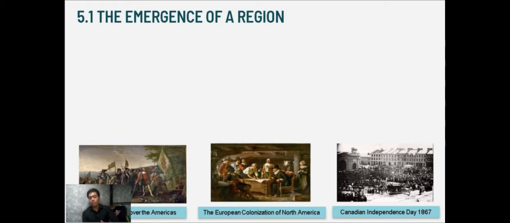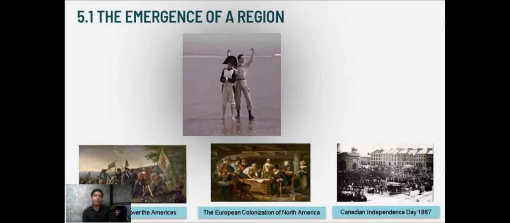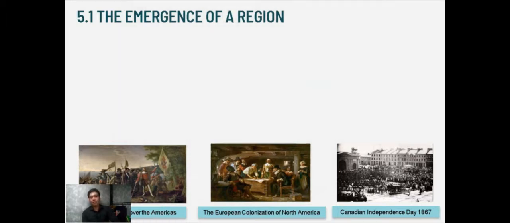Firstly, I will talk about the emergence of a region, on how North America came to exist. North America and its indigenous population were largely unknown to the rest of the world until Columbus' expedition, which he credited with discovering America. The landmass was inhabited long before Europeans made contact.